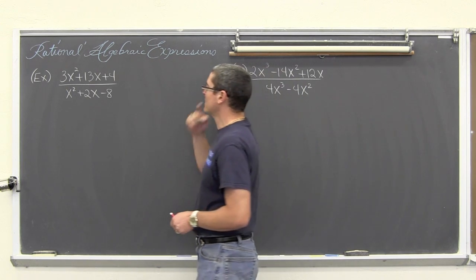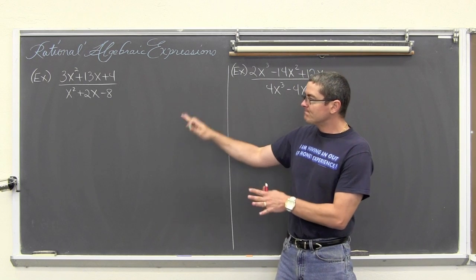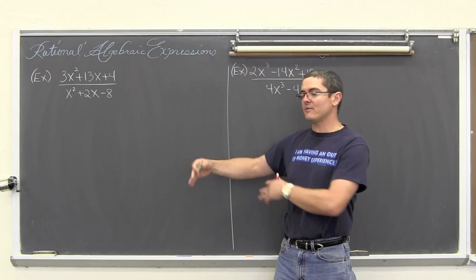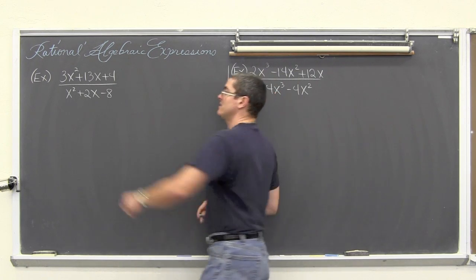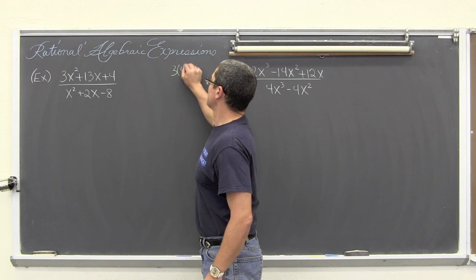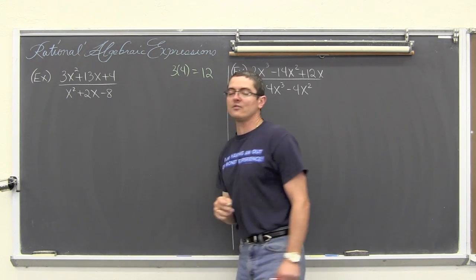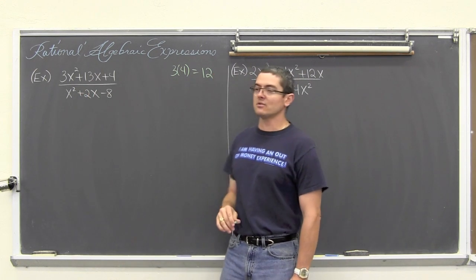So what we're going to do is, I'm going to do some scratch work here off the side, so I don't have too much of a mess as I work at my problem. What that scratch work is: take the leading coefficient and constant and multiply them together. So that's going to be 3 times 4 is equal to 12. And now we're going to be looking for factors of 12 that add up to the middle term.